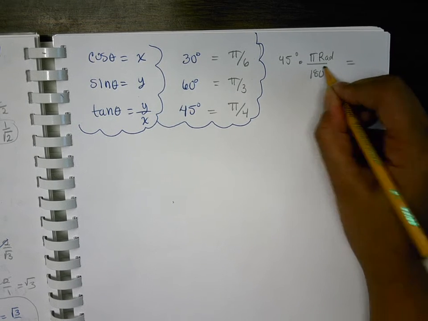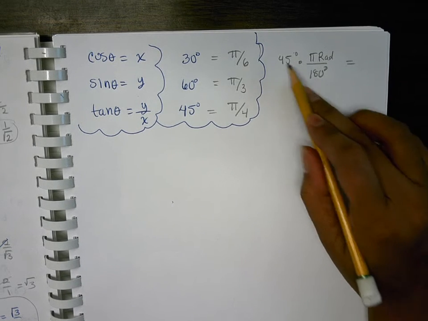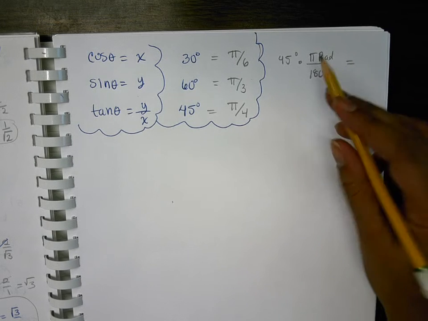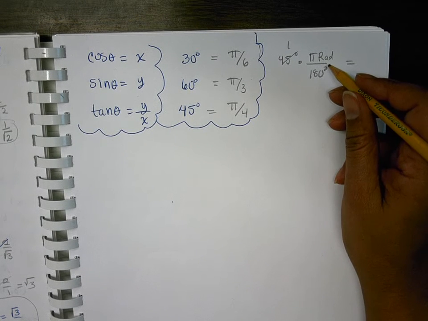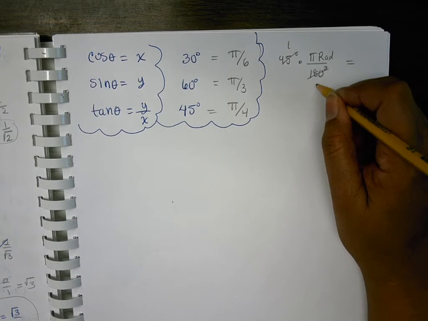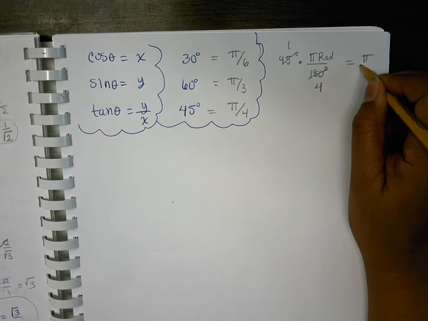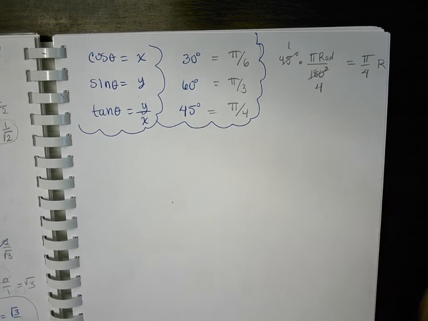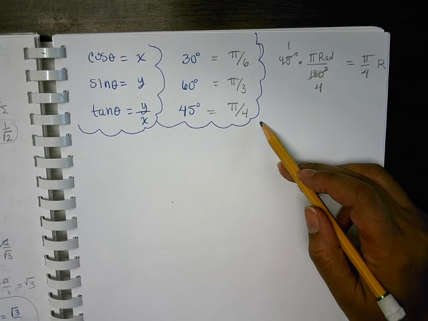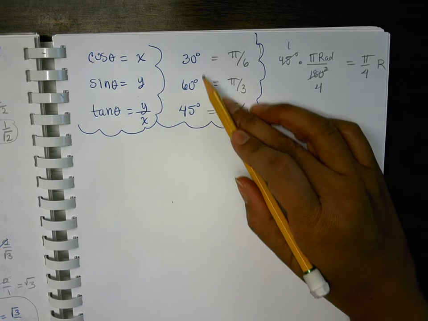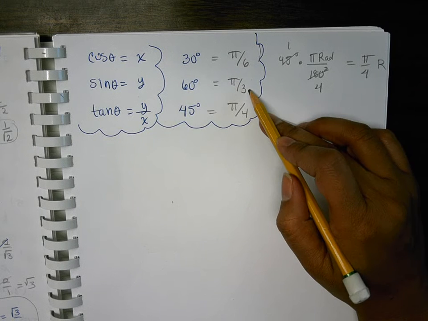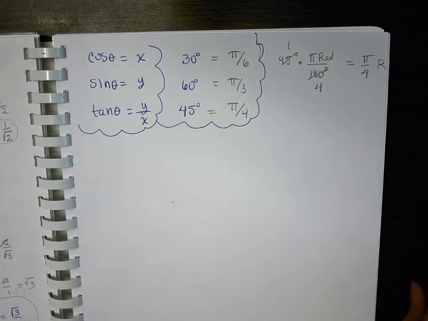And do 45 and 180 reduce? 45 becomes 1, and 180 becomes what? 4. So I have pi over 4 radians. Make sense? And if you did this exact same thing with 30 and with 60, would you get pi over 6 and pi over 3? Okay. Questions before we move on?